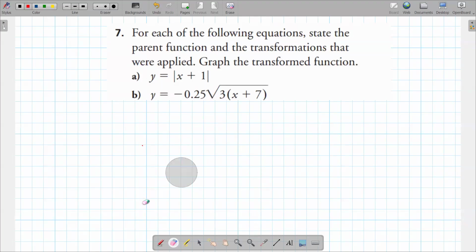Let's look at B. What's the parent function? It's a radical function, a square root function. You can be explicit with it because it's root 2. So what do we know here? A, K, D, C. What's given for part B?